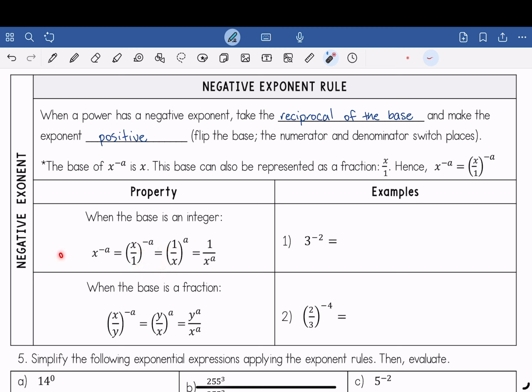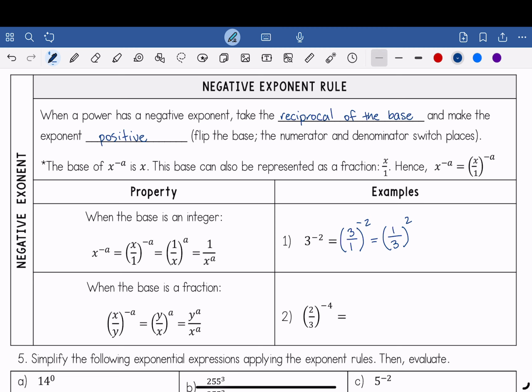Let's look at the first example here and apply that property. We have 3 to the power of negative 2, so the 3 can be represented as 3 over 1 to the power of negative 2, which is equal to, if I want to make the exponent positive, I'm going to switch the numerator and the denominator and make it a positive exponent.